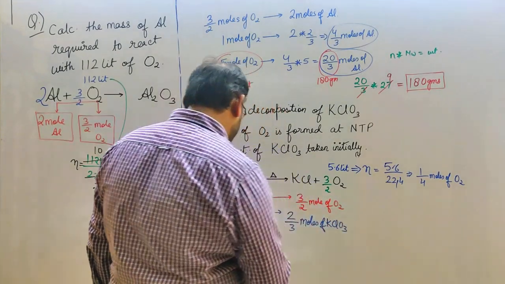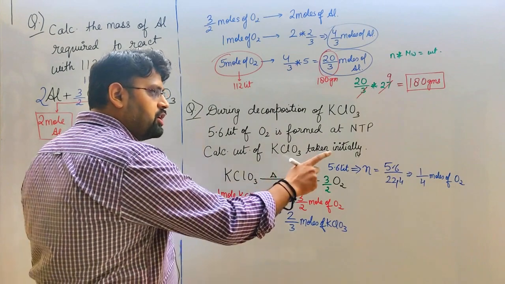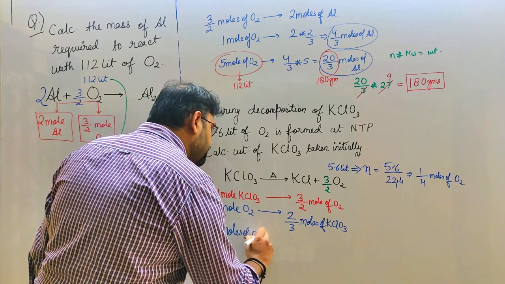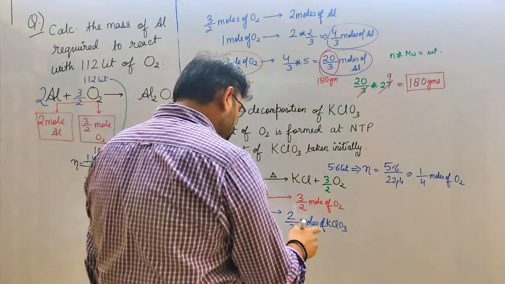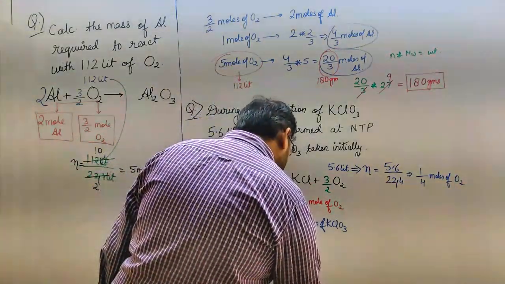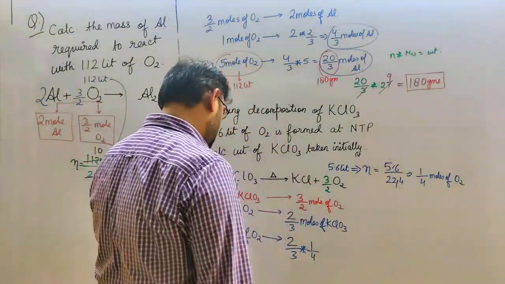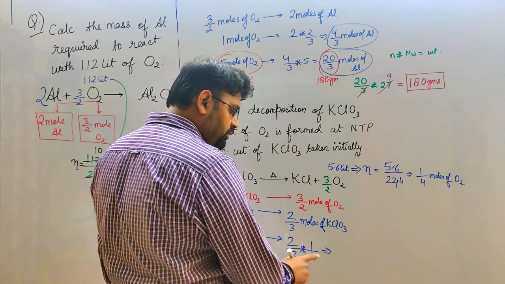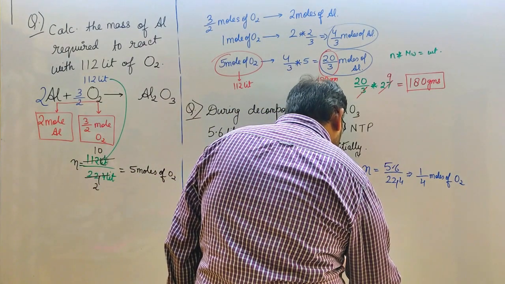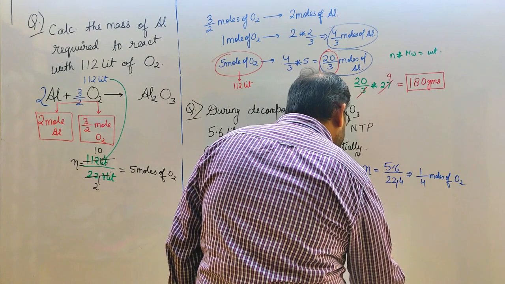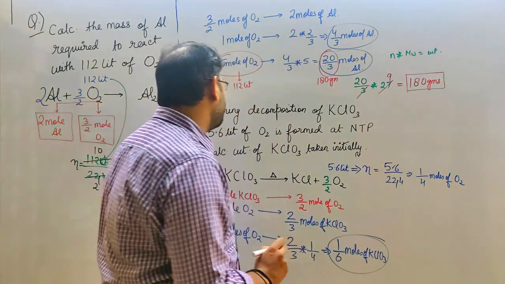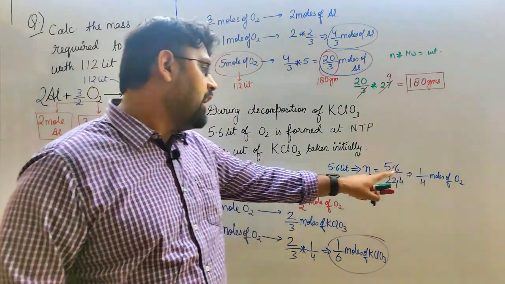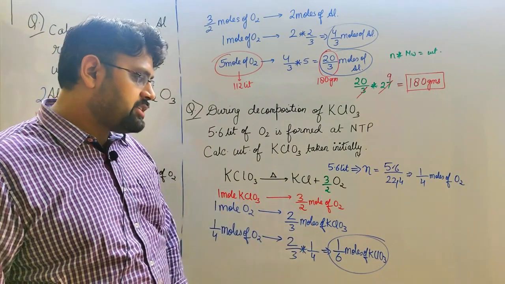So 1 mole of oxygen requires 2 by 3 moles of KClO3. So 1 by 4 moles of oxygen will require 2 by 3 moles into 1 by 4 moles. So this becomes 2 by 12, that is 1 by 6 moles of KClO3. So 5.6 liters of oxygen corresponds to 1 by 4 moles of oxygen, and 1 by 4 moles of oxygen will require 1 by 6 moles of KClO3.